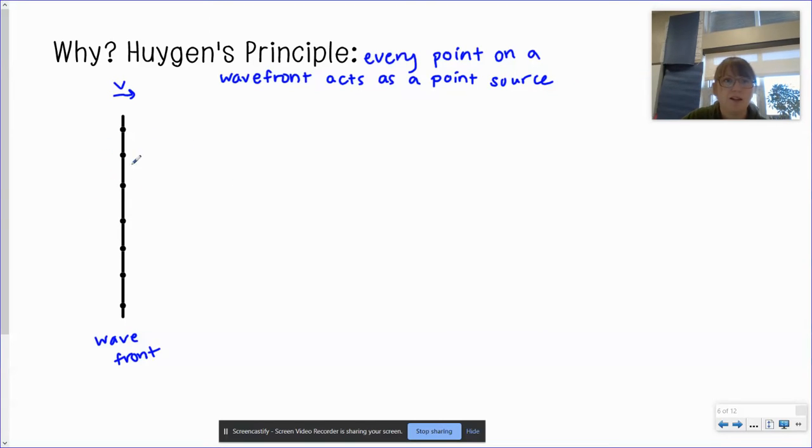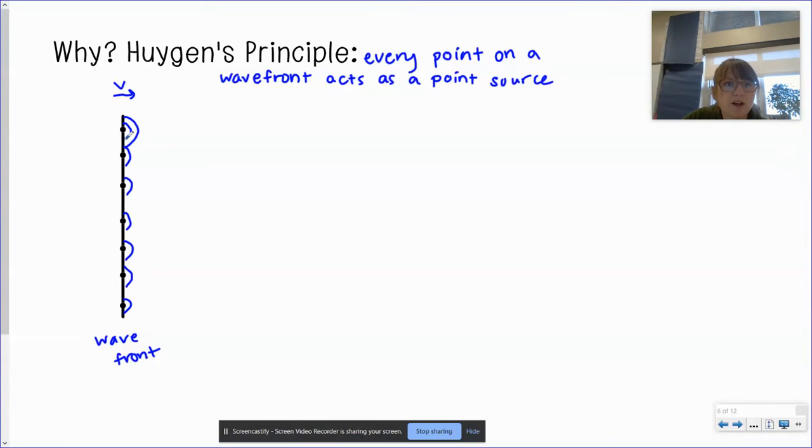So that means every little point here acts like it's creating waves. There are waves being generated by every single point on this wavefront.